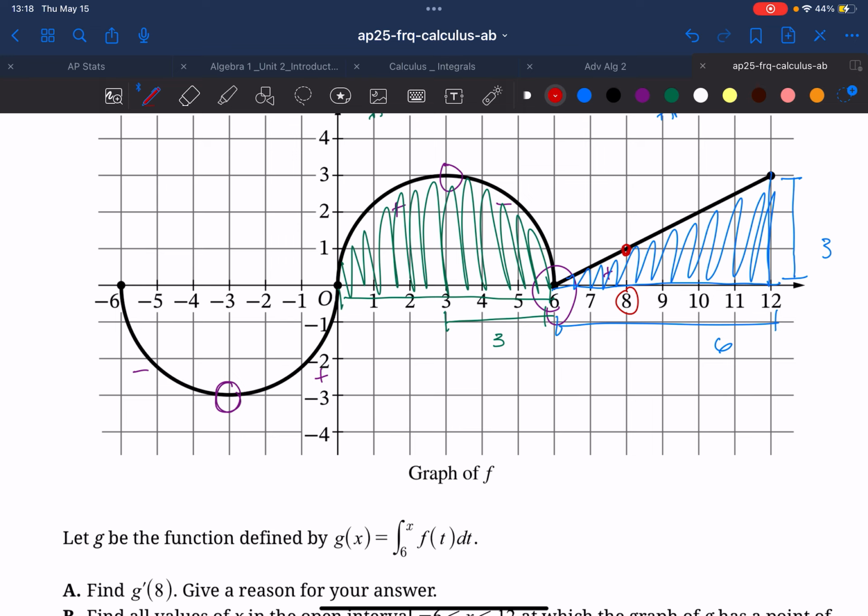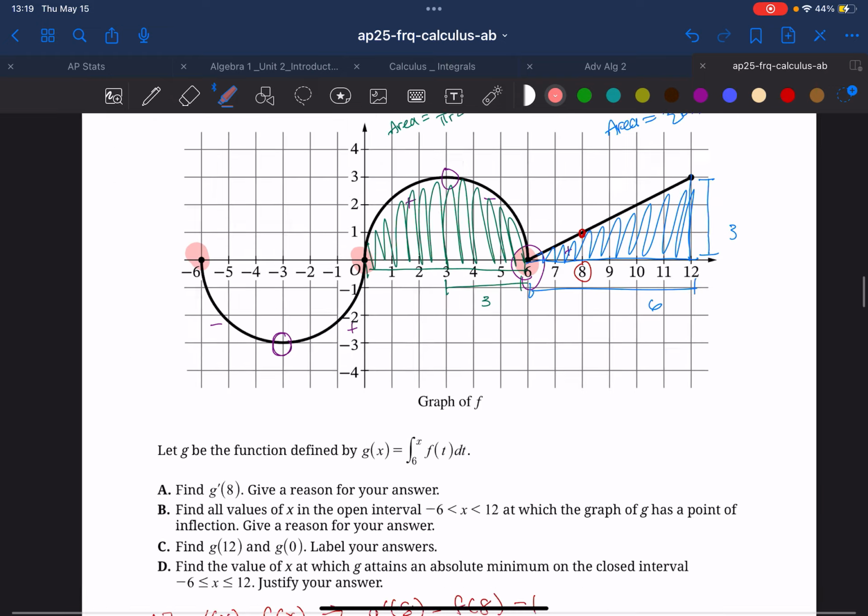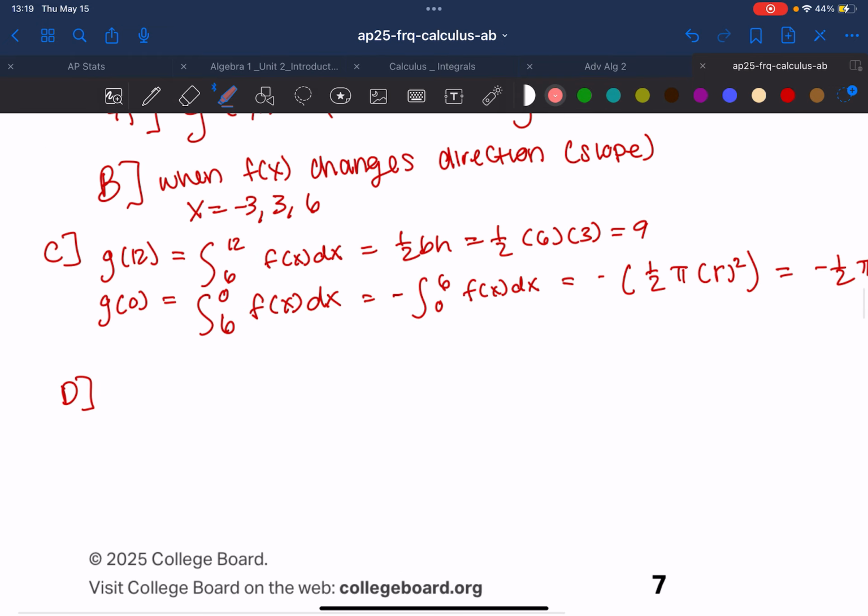Well, I know that f of x is equal to 0 at all the points where it crosses the x-axis. So at negative 6, 0, and 6 are when f of x is equal to 0. So going down here, f of x equals 0 implies that x is equal to negative 6, 0, and 6.